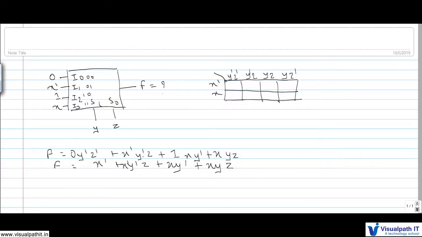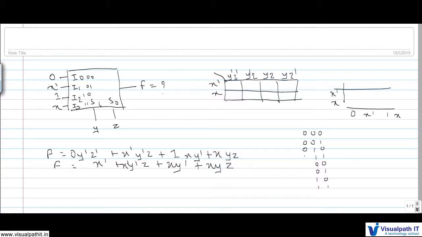So first it is x dash. The first one is x dash. Now if I have to find this input, I will just draw this particular function like this that we have done earlier. I need to get 0, x dash, 1 and x here. This is what I need in the end, and this is x dash and x.